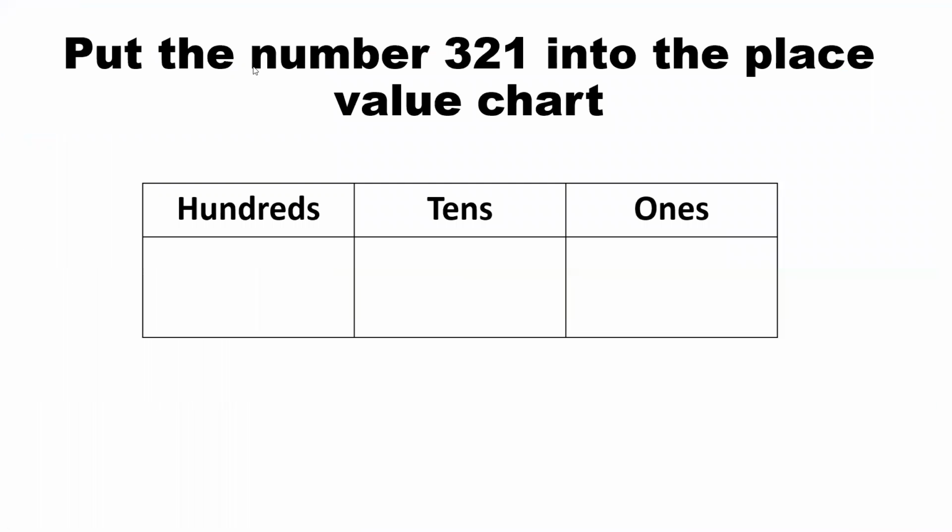So it says to put the number 321 in the place value chart. So this number needs to go on the chart. So in the hundreds place, there's a 3. In the tens place, there's a 2. In the ones place, there's a 1. That's how we do it. That means there are 3 hundreds. So 300, 2 tens.